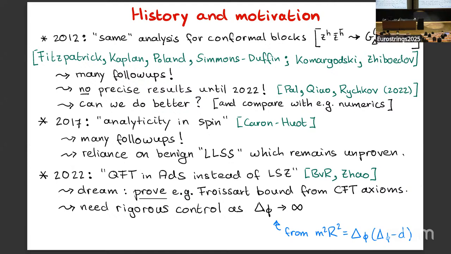But there were no precise results. Let me scrap the word results and say there were no precise mathematical theorems of this analysis until 2022. That's when these guys proved a little theorem for conformal blocks. I'm not going to state the result.